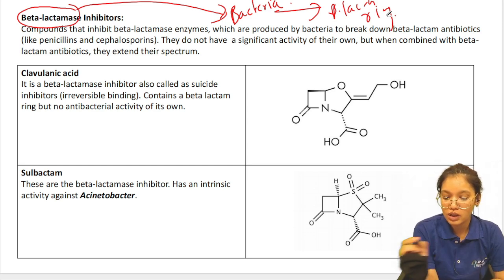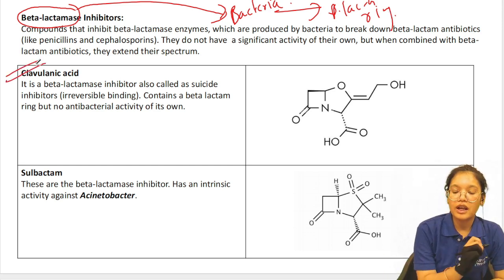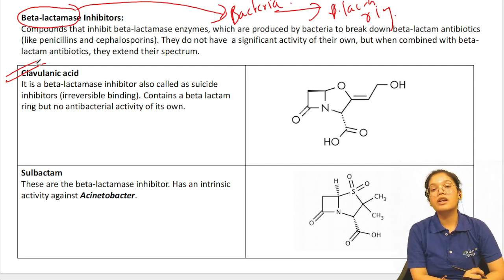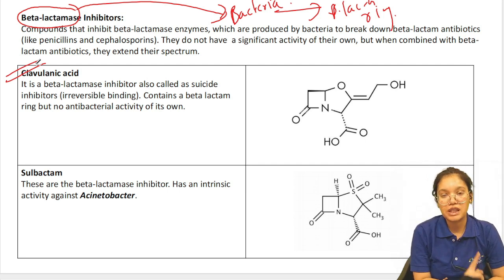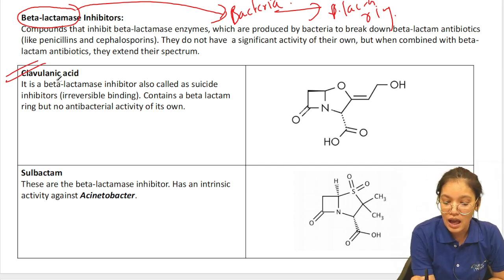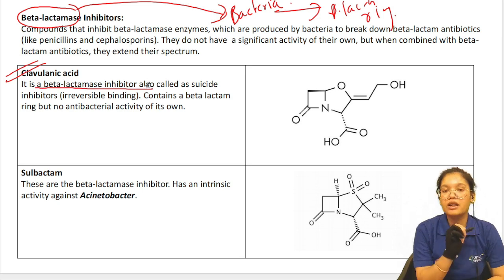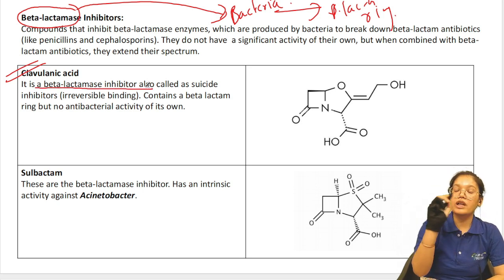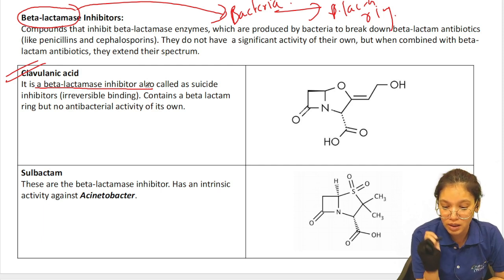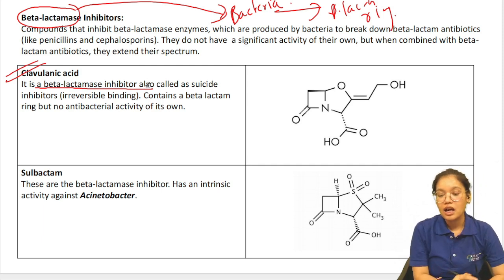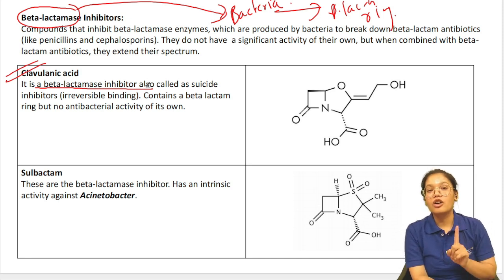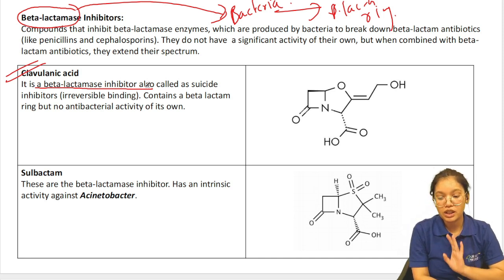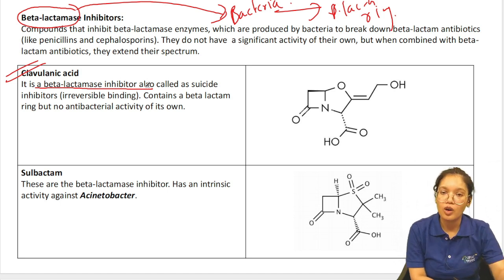Now the first is clavulanic acid. Clavulanic acid is a beta-lactamase inhibitor, and it comes under the class of suicide inhibitors. It has irreversible binding, and it contains a beta-lactam ring with no therapeutic activity or antibacterial activity of its own.